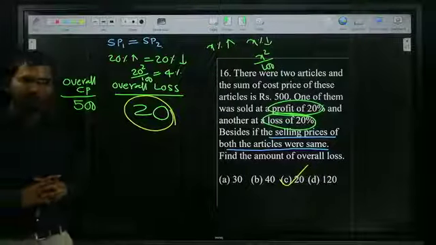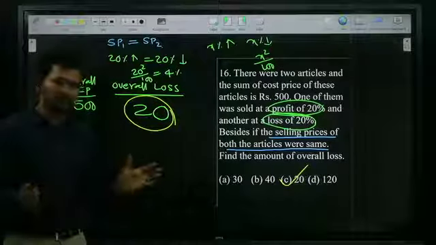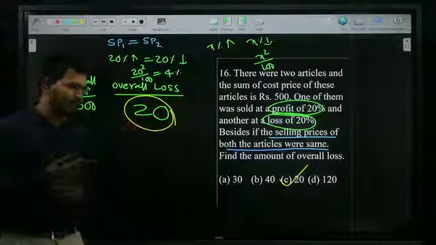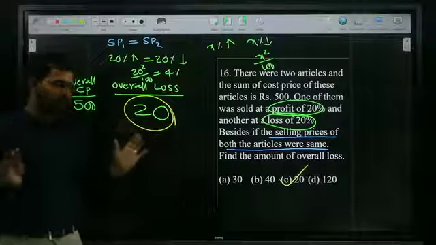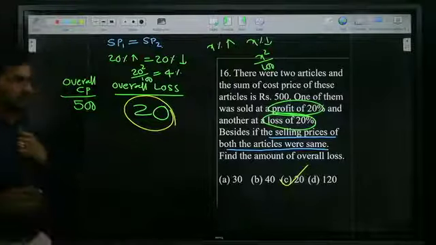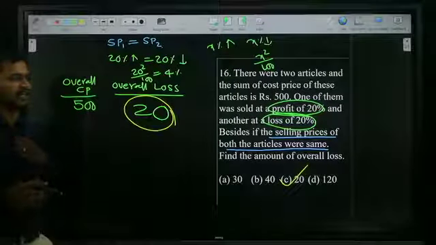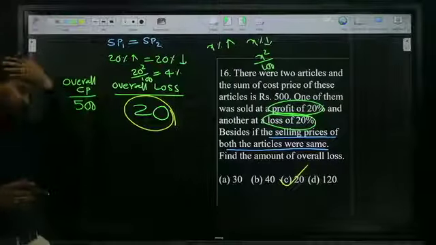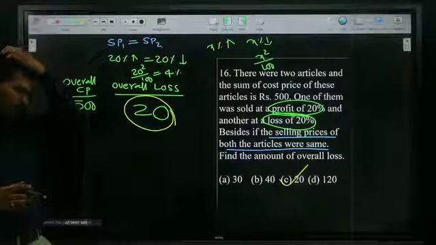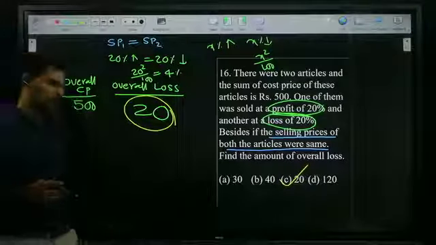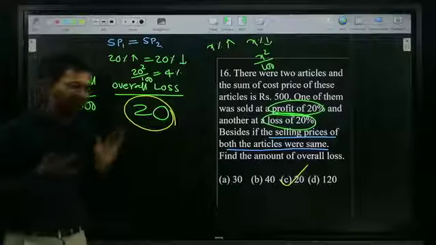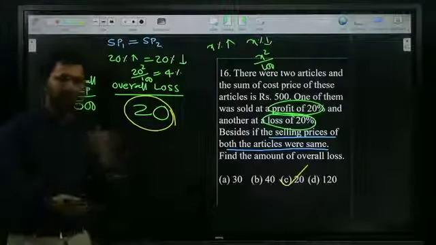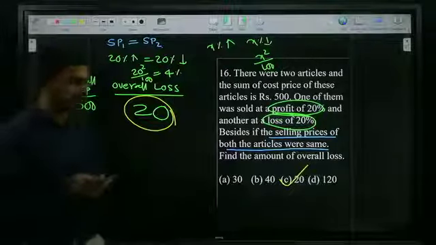If you practice more, you can get more ideas. All of you clear regarding this profit and loss chapter? Did you get the basic idea of profit and loss? It's not possible in a single attempt. Just practice as many questions as possible.